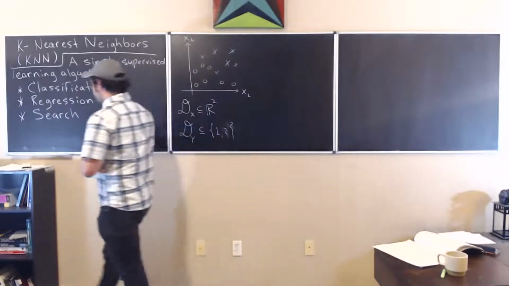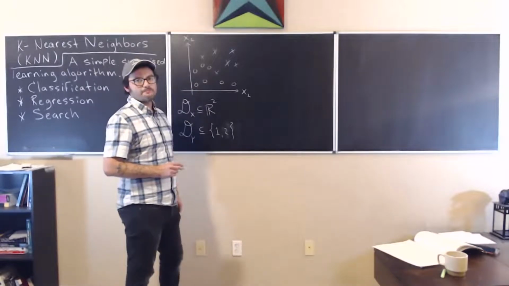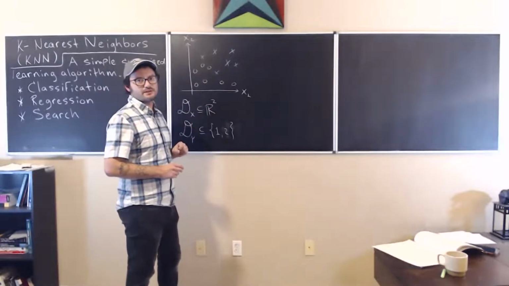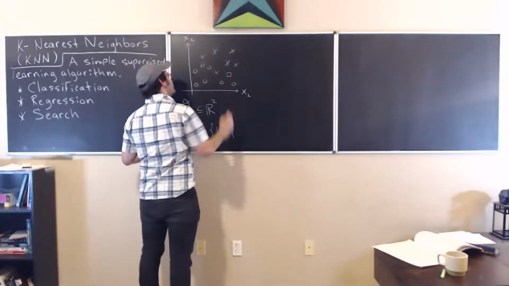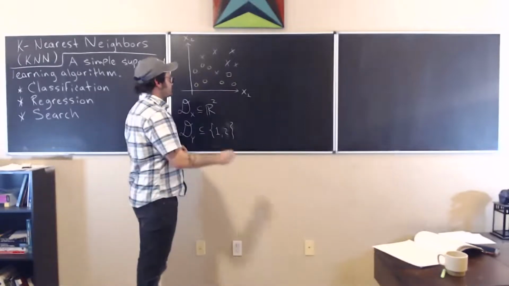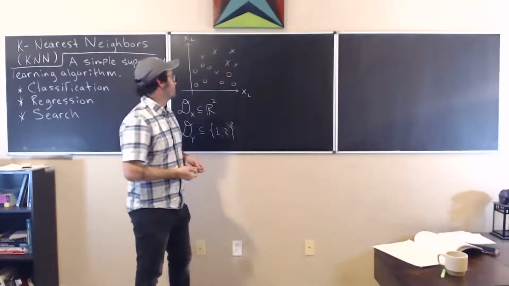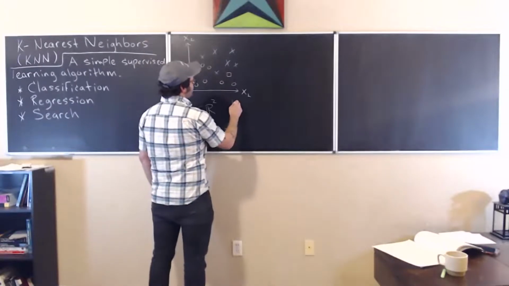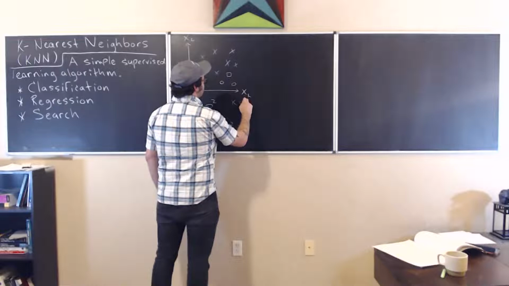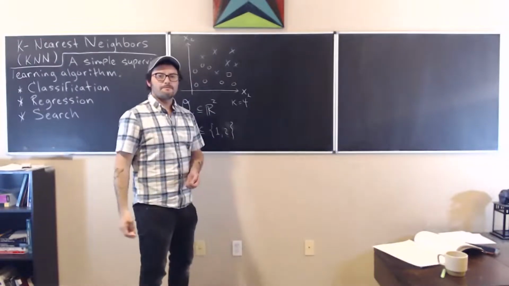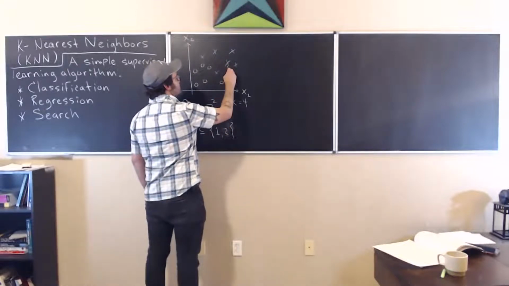But if we have this data set in memory, and we put a new point down, then we look to the k closest neighbors. Say k could be equal to 4 or something like that, and we look to the k closest neighbors to this box.